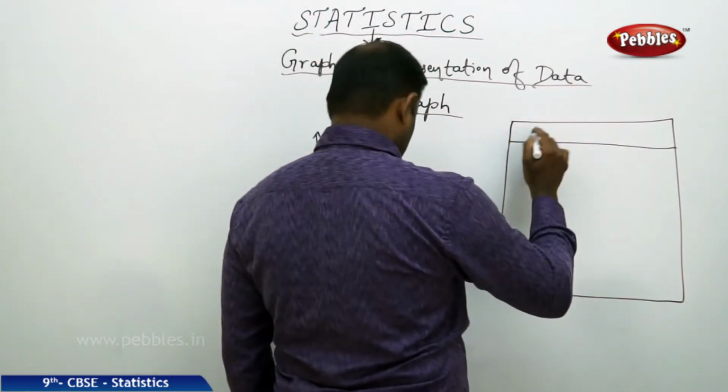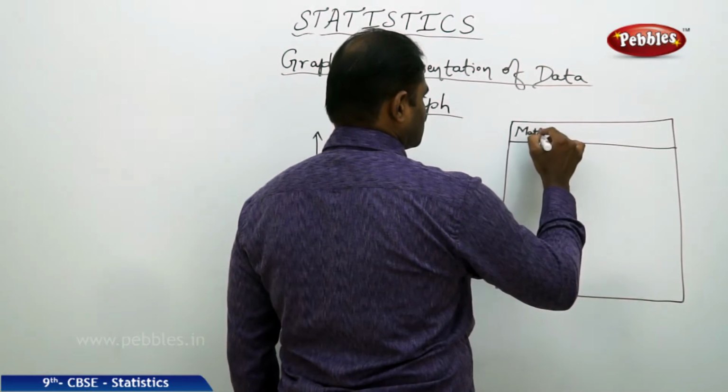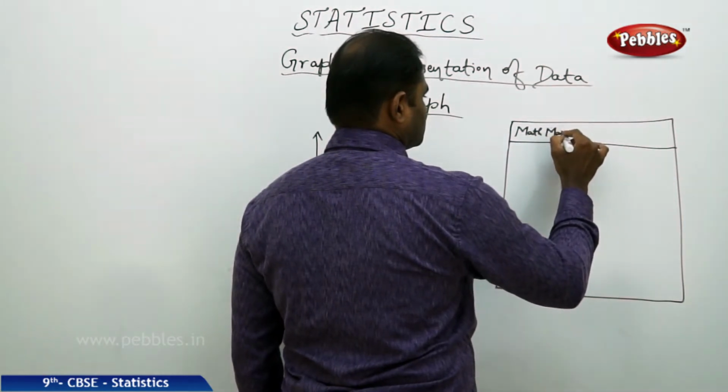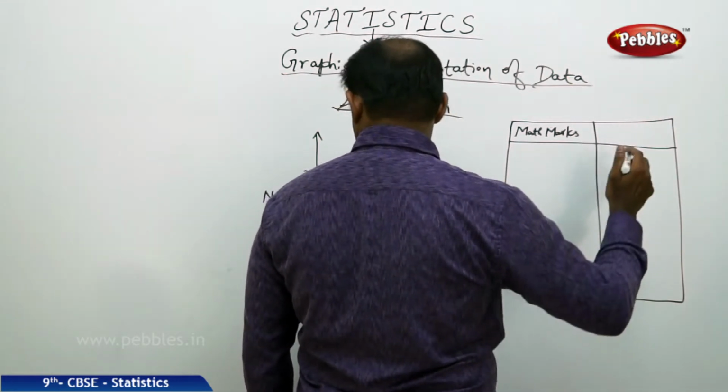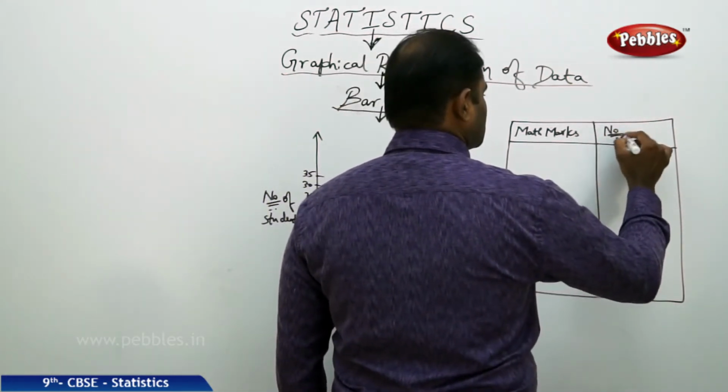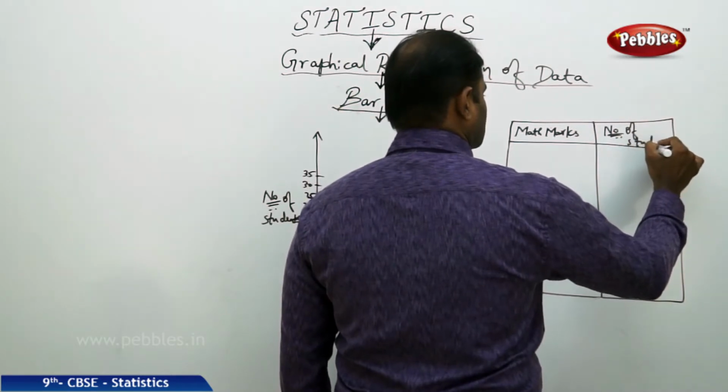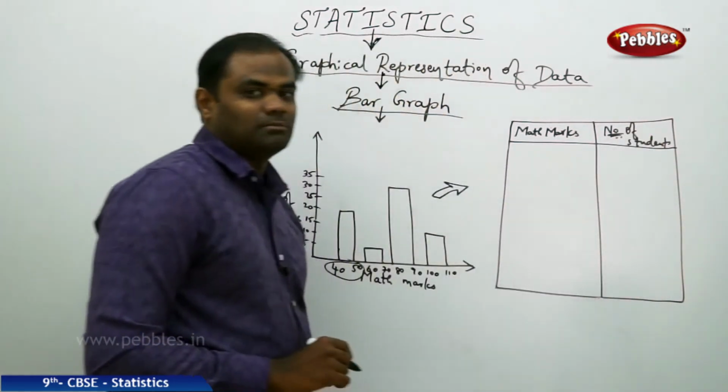So before understanding the bar graph, let's try to convert this bar graph into a frequency table. In this case, I have math marks and the frequency, which is the number of students who got those math marks.